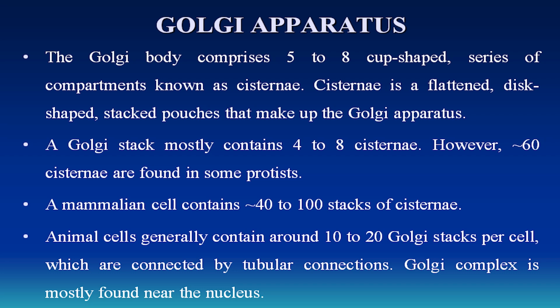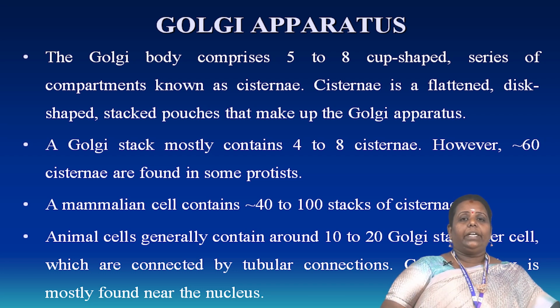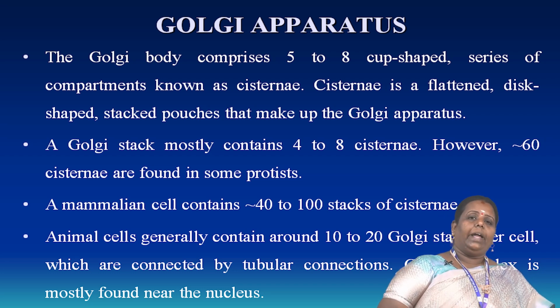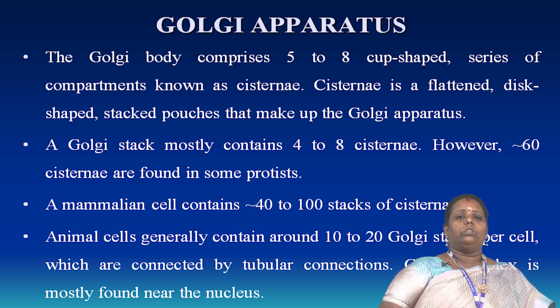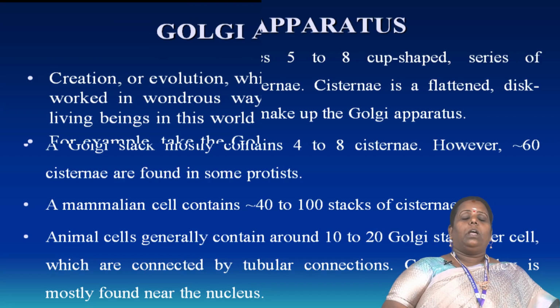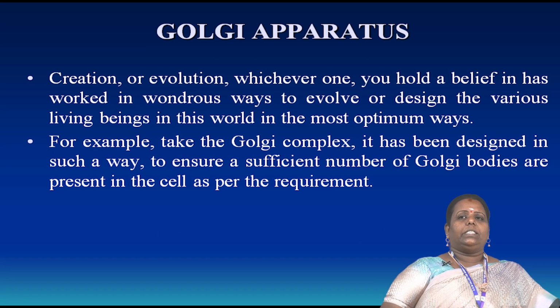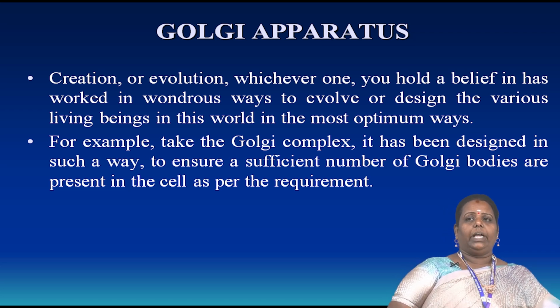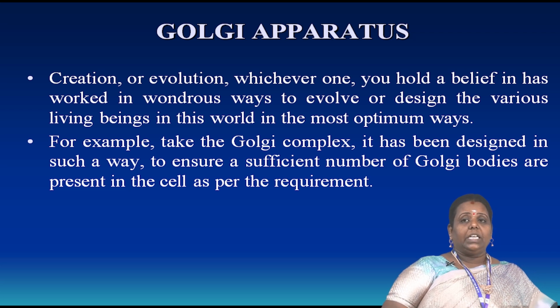The Golgi complex is mostly found near the nucleus, and it connects the nucleus and all the cell organelles with the endoplasmic reticulum. It gives the shape also. So the Golgi apparatus is very important. This Golgi apparatus is a creation and evolution, which is believed to have worked in a wondrous way to evolve the design of various living organisms in the world.